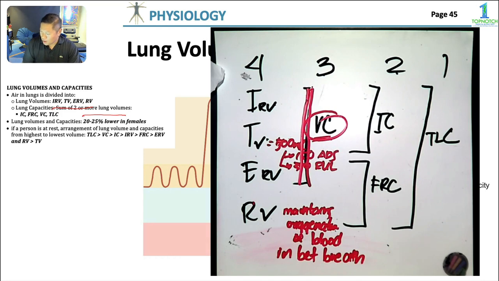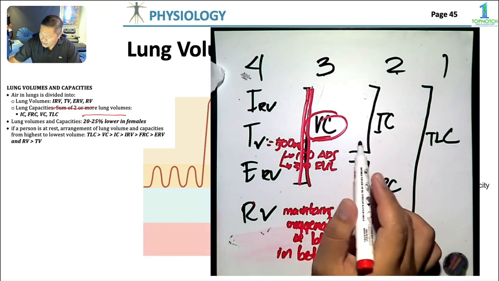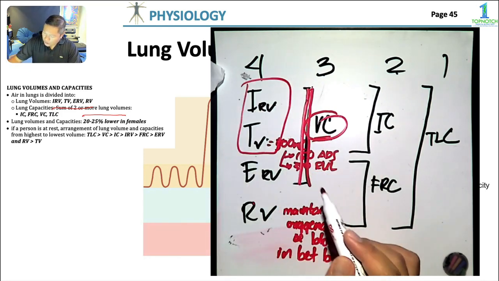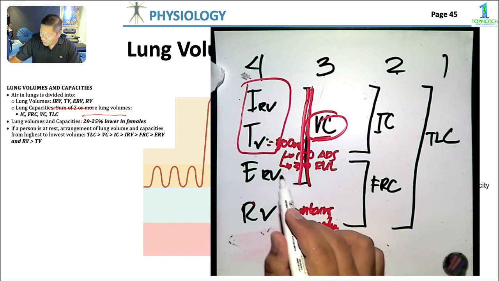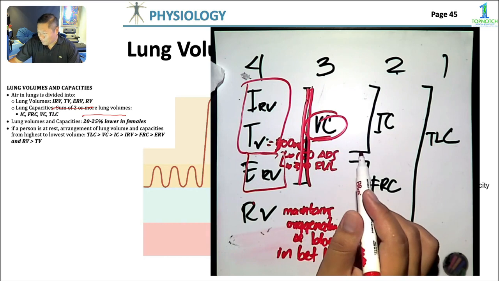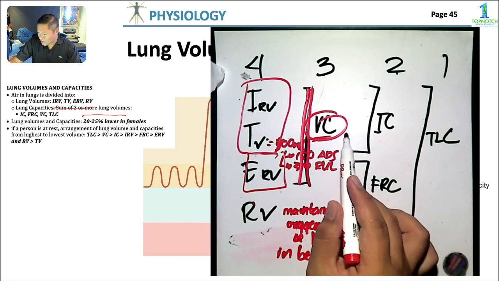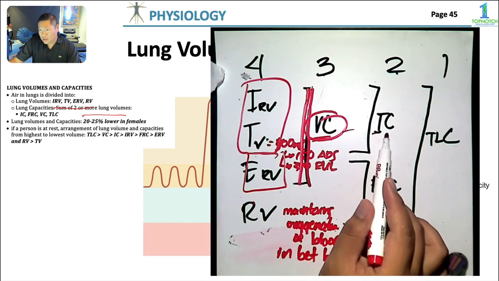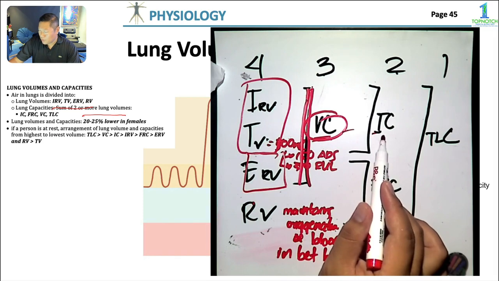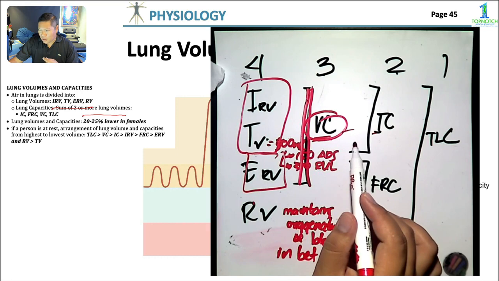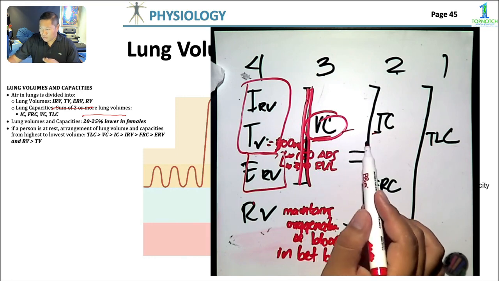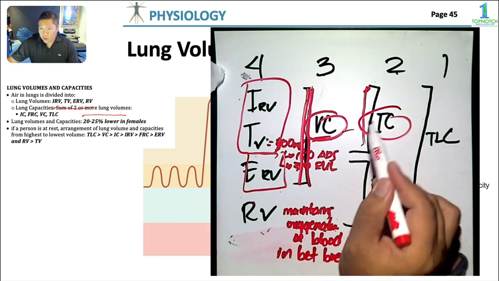Next, IC is just the sum of these upper two, IRV and TV. It's different from vital capacity. Vital capacity will include my ERV. Usually, what confuses students in questions is vital capacity versus inspiratory capacity. For example, when you're breathing normally, you stop your breathing and then you fully inhale, what you inhaled is your inspiratory capacity.